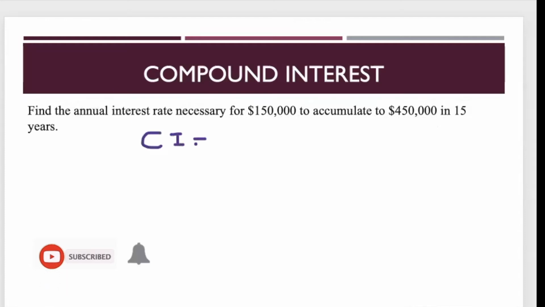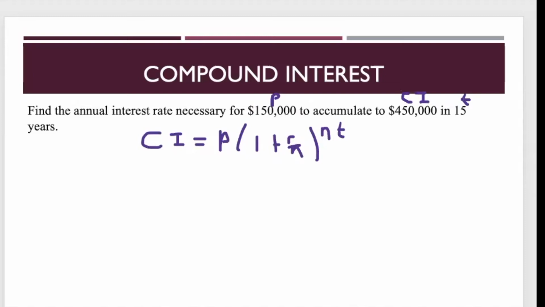Compound interest is equal to the principal, open bracket, 1 plus r over n, raised to the nt. Now, if you realize 150,000 is the principal, this is the compound interest, this is the amount that is accumulated after 15 years, so t is 15 years. Now the interest is annual because here, find the annual interest. So we know that n is equal to 1.